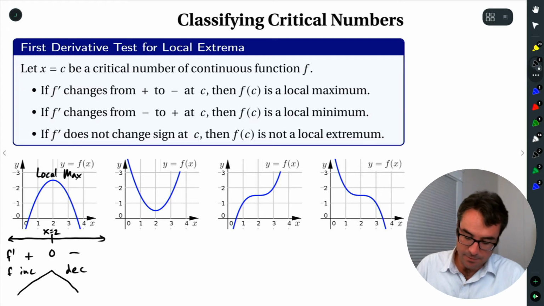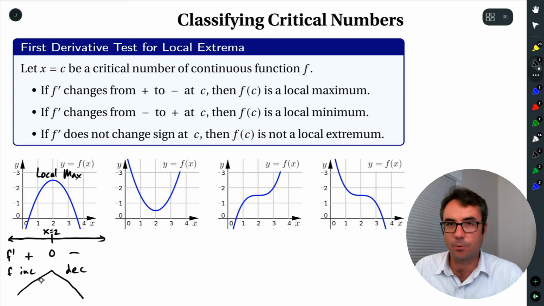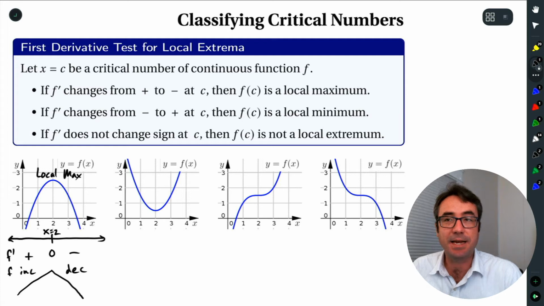So draw that in. It's a really rough sketch, just a really rough picture, but it captures enough information and helps remind us that if we're increasing on one side and we switch to decreasing on the other side, then we draw in what that looks like. It's a local max. That helps remind us, if we didn't have this picture right in front of us, what this test is saying.